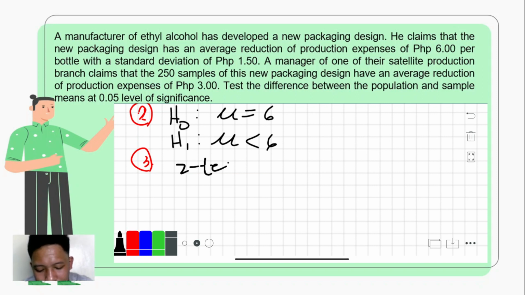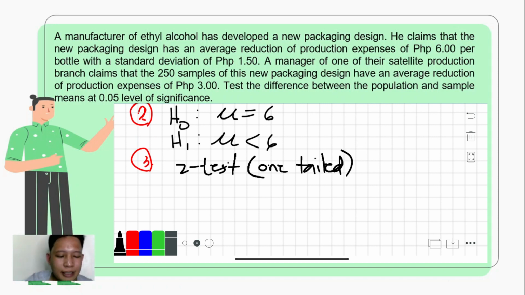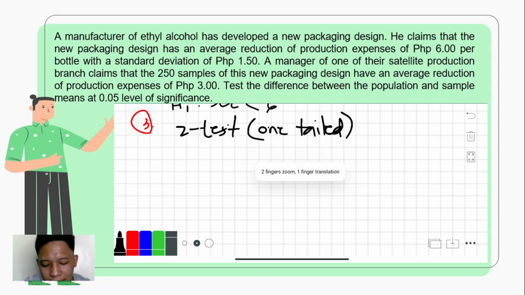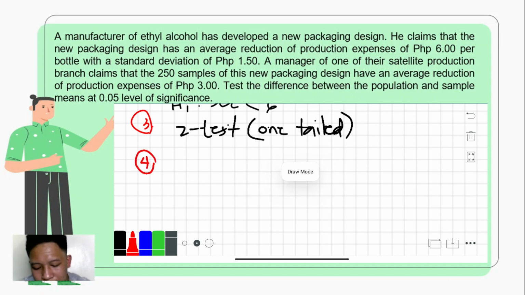So, one-tailed or two-tailed? It depends on the alternative. Since our alternative is directional, our test procedure should be a one-tailed z-test.